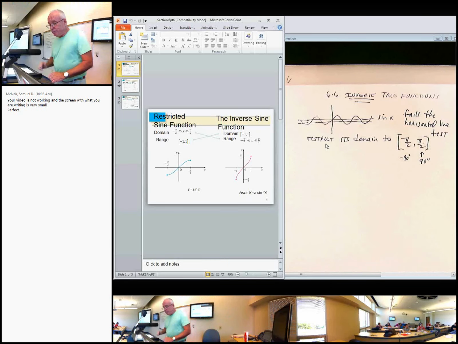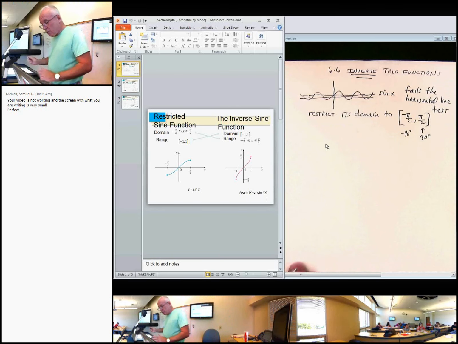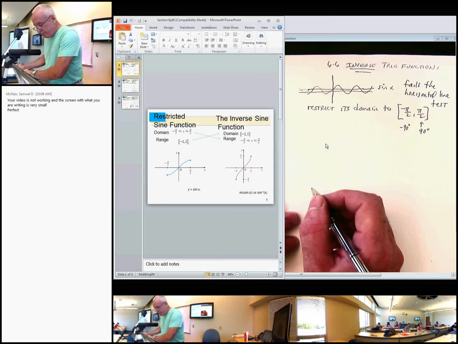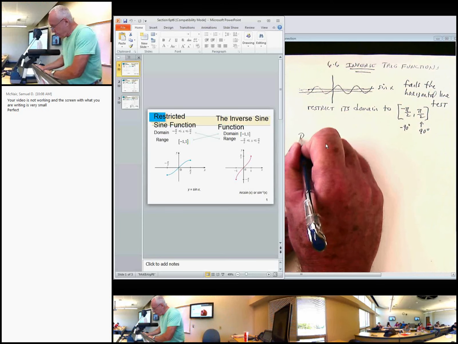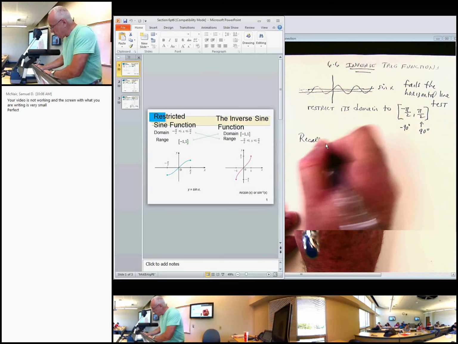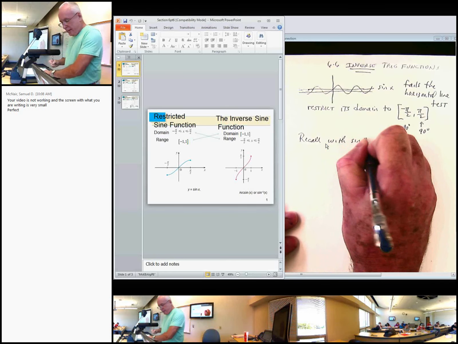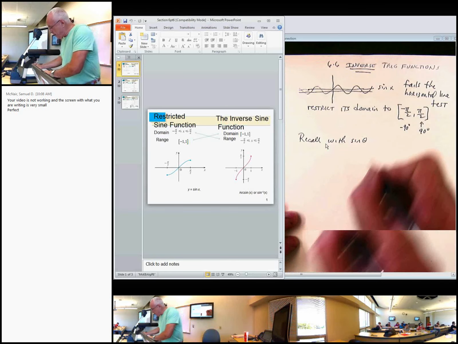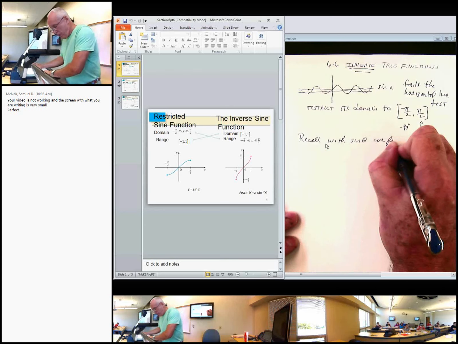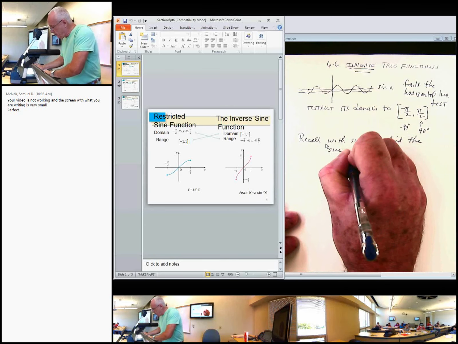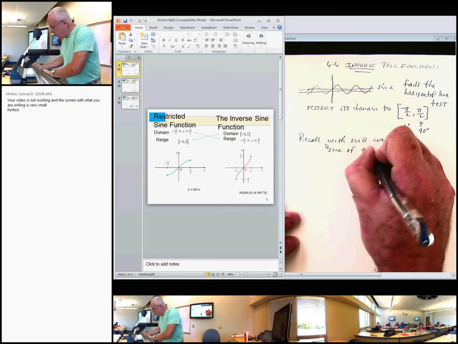All right. So now let's go on here with this inverse. Let's go back and recall something here. Recall that with the sine function, say the sine of theta, we find the sine of an angle theta.